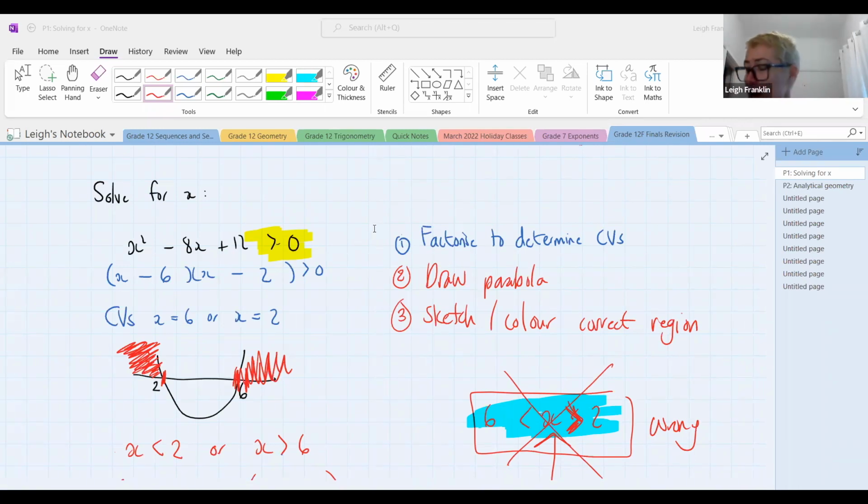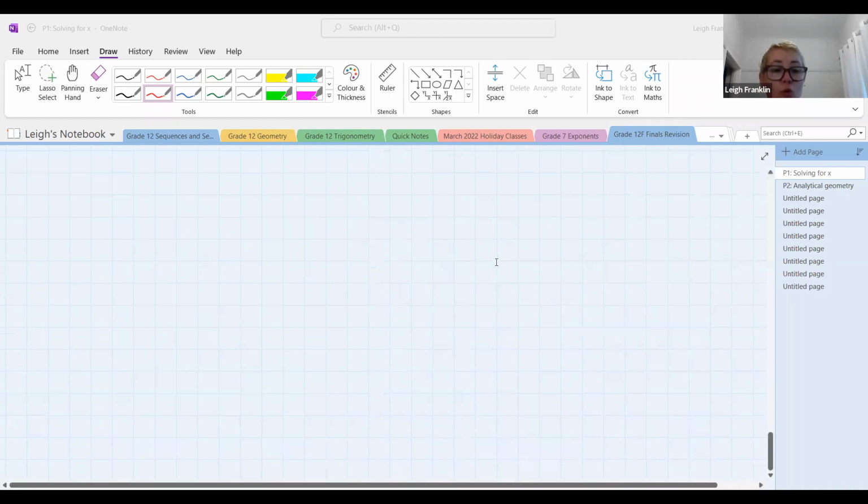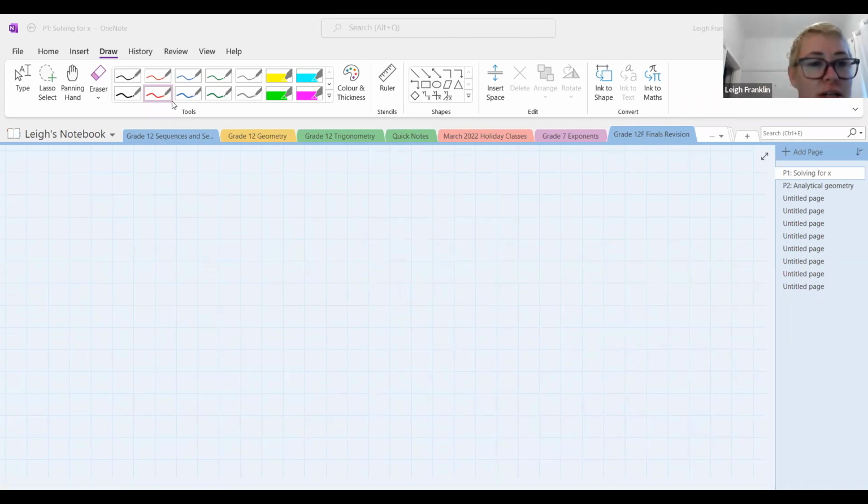Pabalo asked: after this question, can we do an inequality when a is a negative number? Sure, let's have a look at that one.